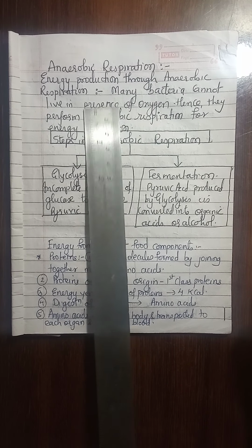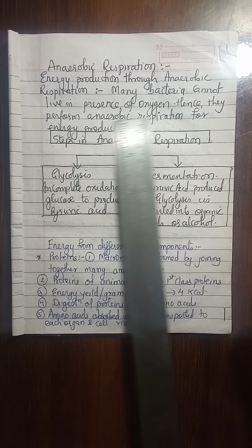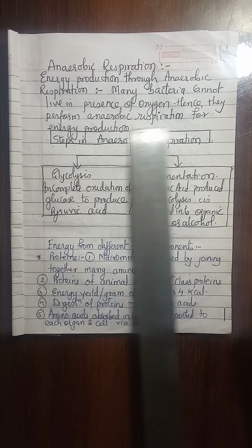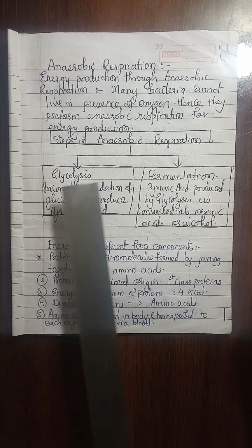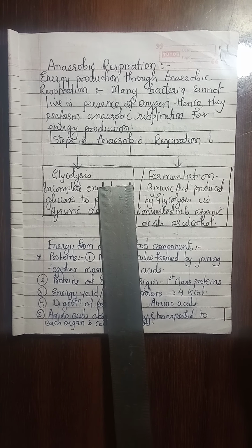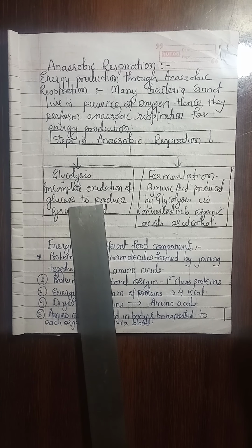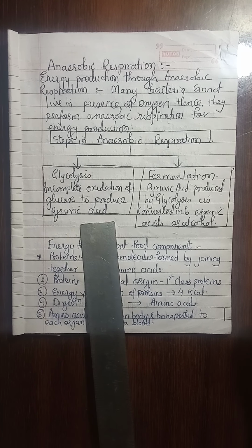Energy production through anaerobic respiration. Many bacteria cannot live in the presence of oxygen and hence they perform anaerobic respiration for energy production. Now, the steps involved in anaerobic respiration. First step is glycolysis. What happens in glycolysis? Incomplete oxidation of glucose to produce pyruvic acid.